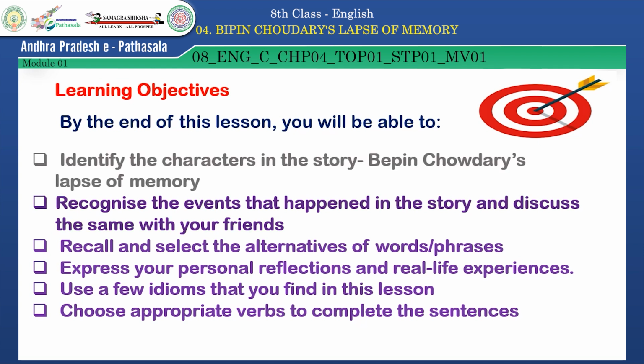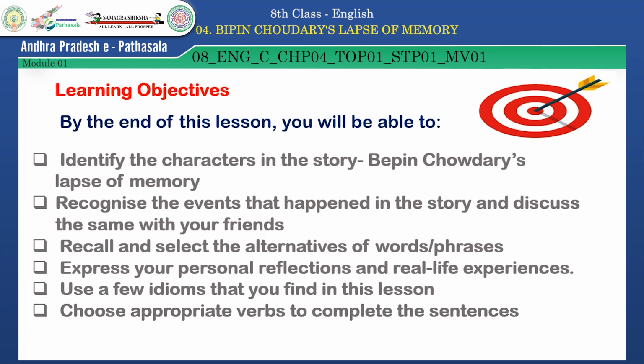Recognize the events that happened in the story and discuss the same with your friends. Recall and select the alternatives of words or phrases. Express your personal reflections and real-life experiences. Use a few idioms that you find in this lesson. Choose appropriate verbs to complete the sentences.